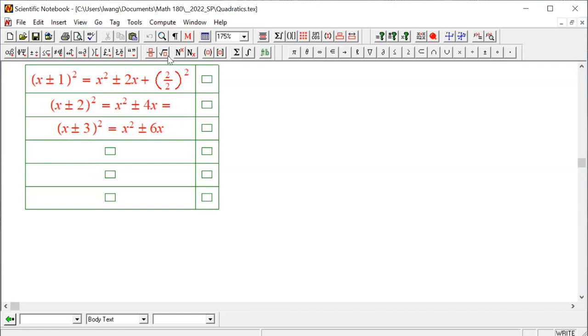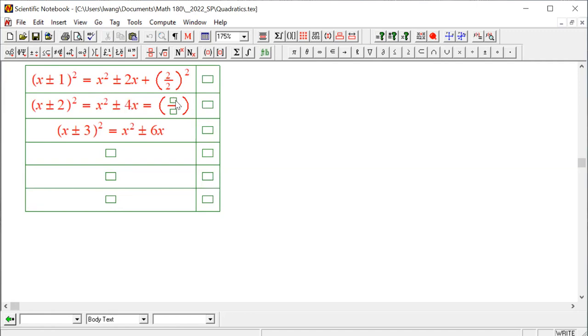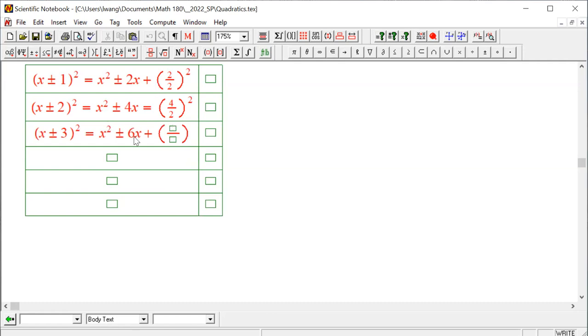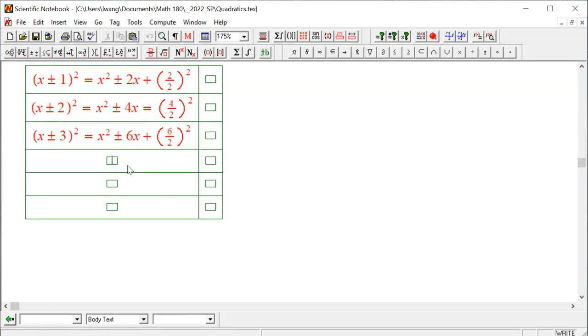And this pattern is the same. This number 4 divided by 2 squared. And this number we're going to add is going to be 6 divided by 2 squared. So now if I'm doing x plus minus 4, what do you think we should be getting?